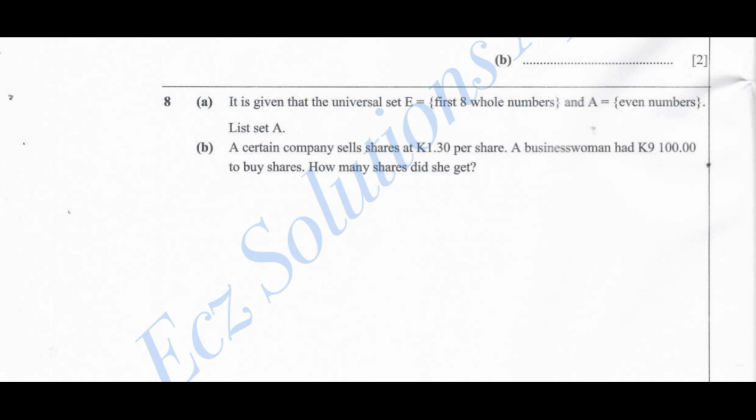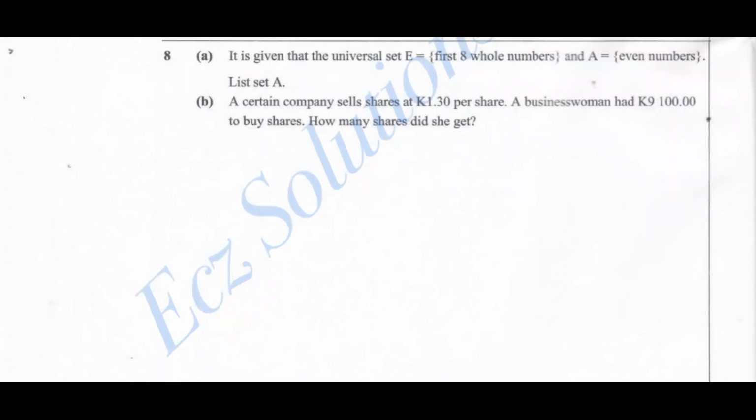Then we move on to question 8a. It is given that the universal set has the first 8 whole numbers and A even numbers. List set A. So let's first look at the set E, which is our universal. Now, whole numbers are counting numbers that begin from 0. So we have 0, 1, 2, 3, 4, 5, 6, 7, then we end up at 8.